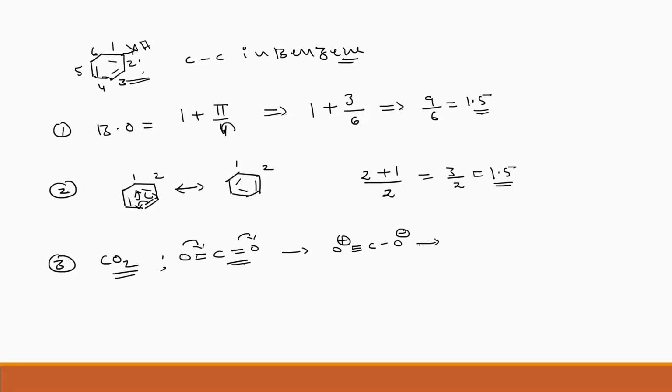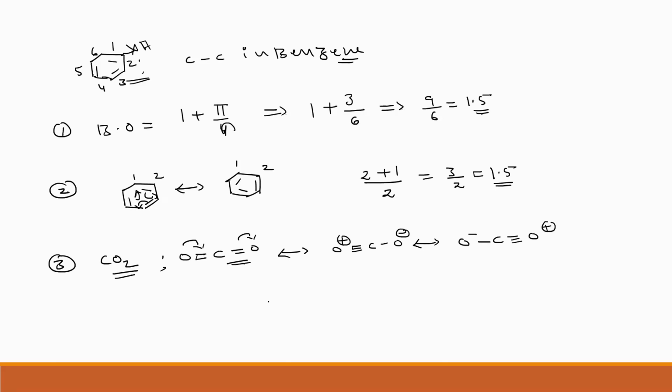And what is the next resonating structure for this one? The next resonating structure is O minus, C triple bond O plus.